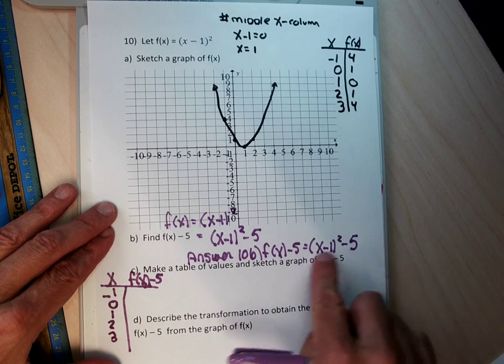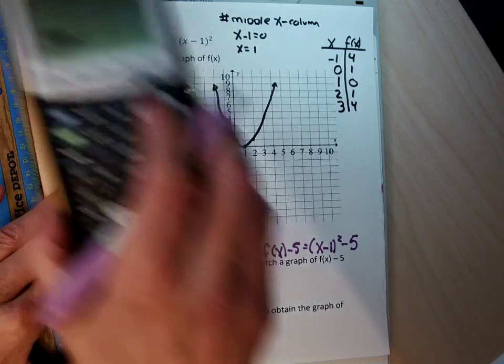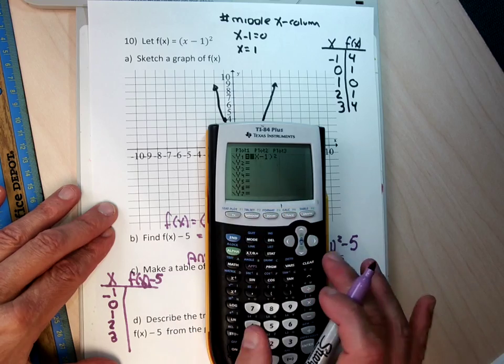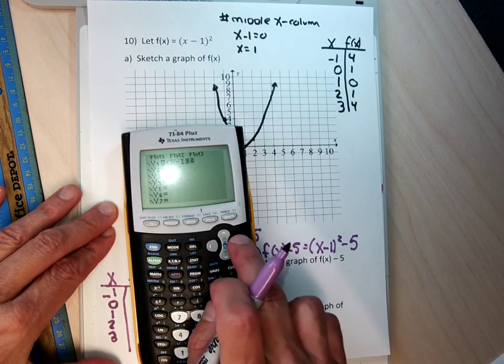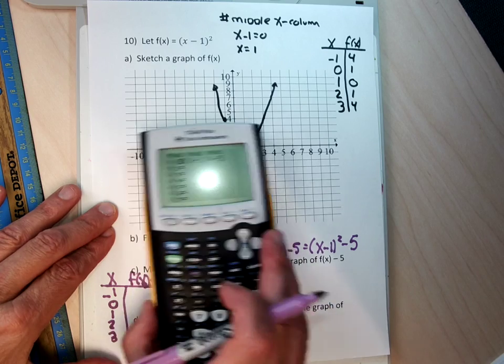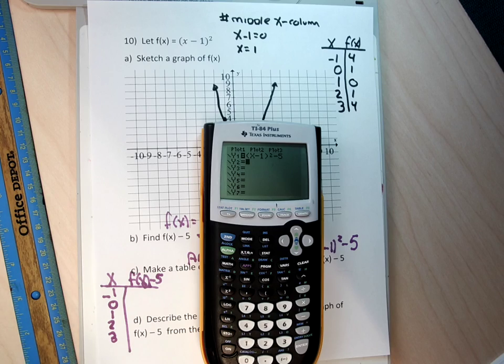I'm going to enter this on my calculator and get all the y's that I need. So I'm going to go y equals, I already have the x minus 1 squared, so I'm just going to arrow over and enter the -5. So there's f of x minus 1, f of x minus 5.